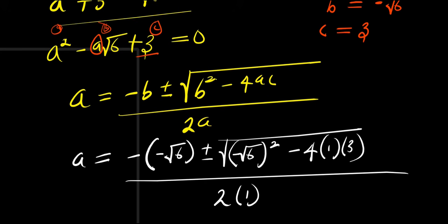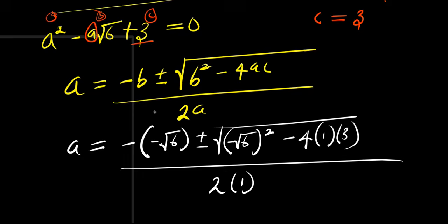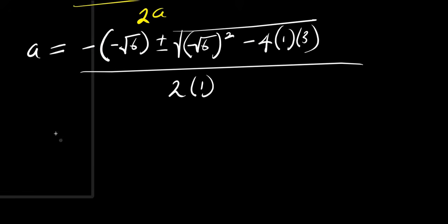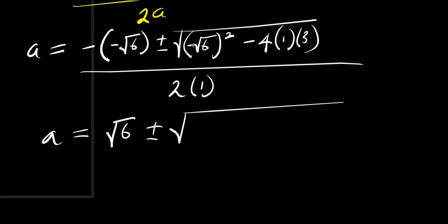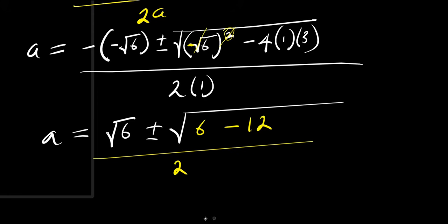So from here, I have a equals root 6 plus or minus the square root of negative root 6 to the power of 2, which will give you positive root 6 to the power of 2, the same thing as 6, because a negative raised to an even power is positive, and this square root comes with the square. So we have 6 minus 12, and this is divided by 2.